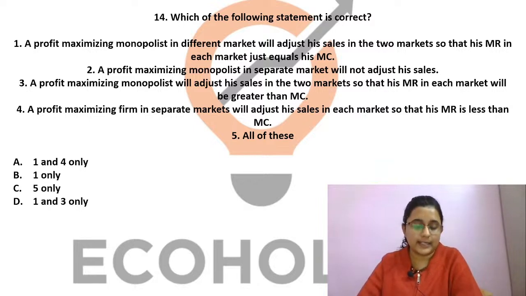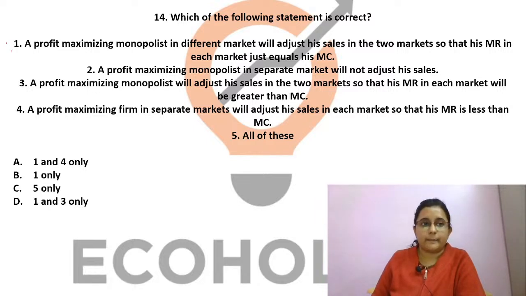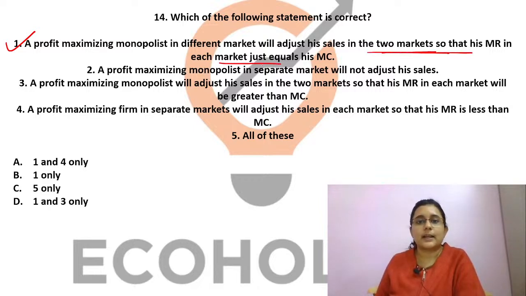Okay, I've started getting answers. It will be A. The profit maximizing monopolist in different markets will adjust his sales in two markets, so that his MR in each market is equal to his MC.